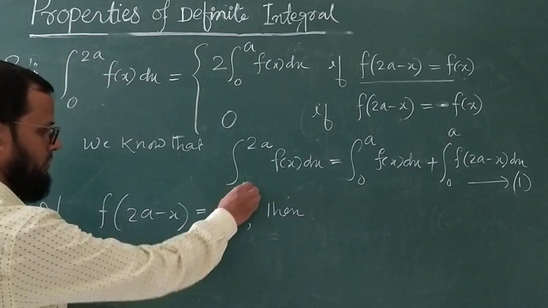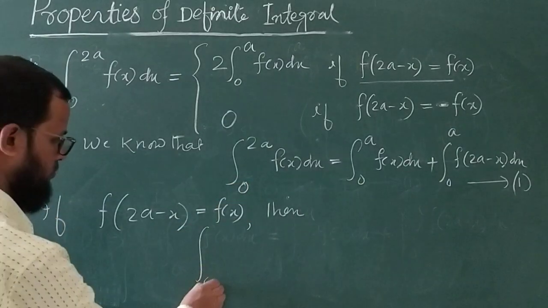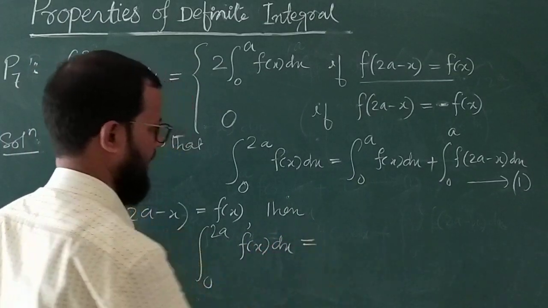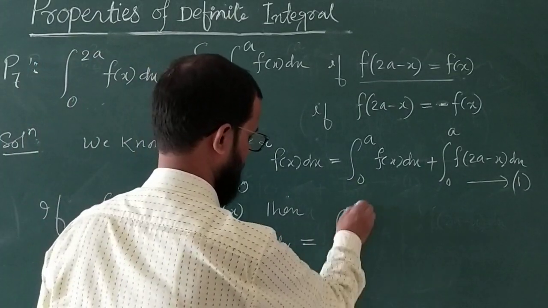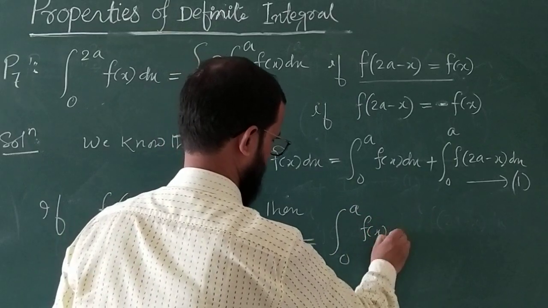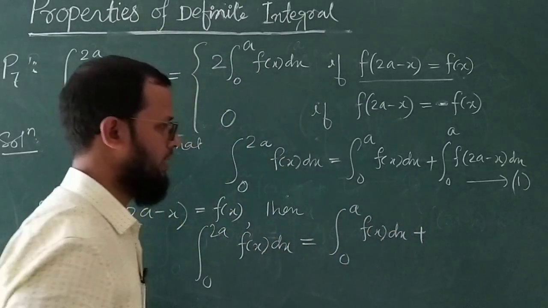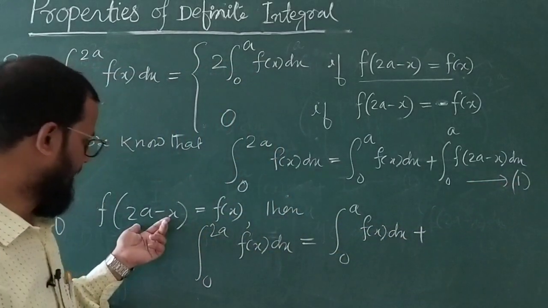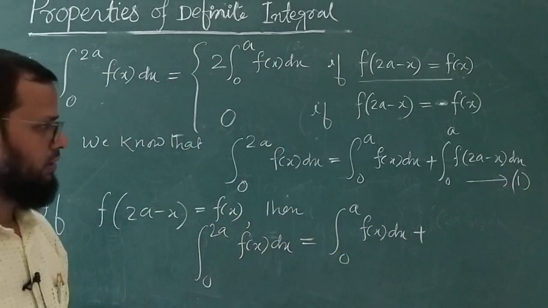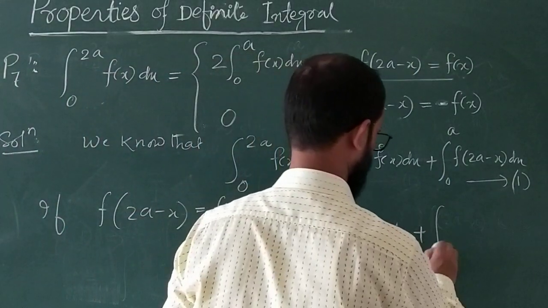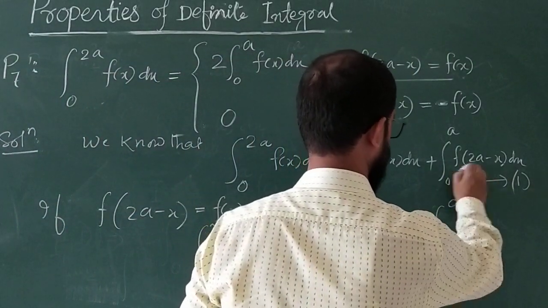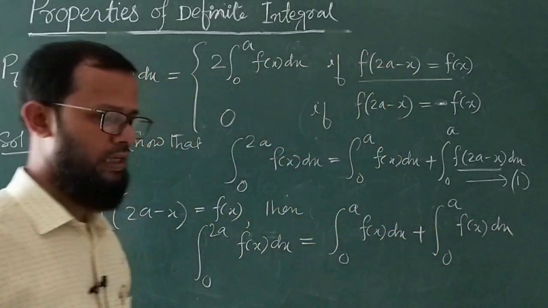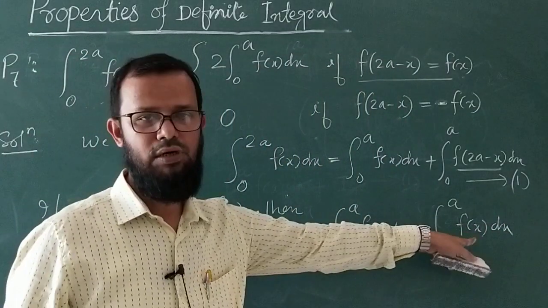The left hand side is 0 to twice a fx dx, and the right hand side is already 0 to a fx dx. Only f of twice a minus x can be written as fx. So you can replace this by fx using the given condition, and finally both the integrals are the same.